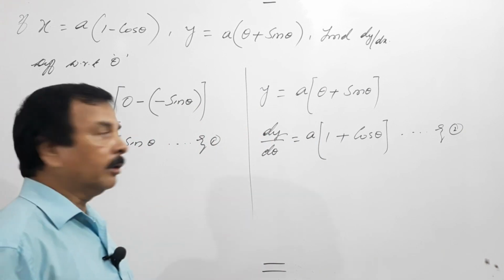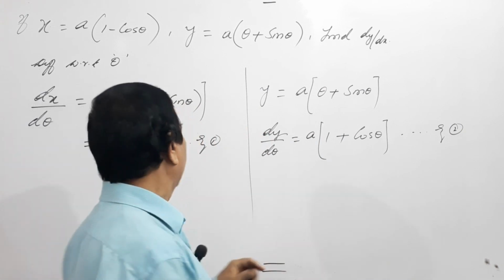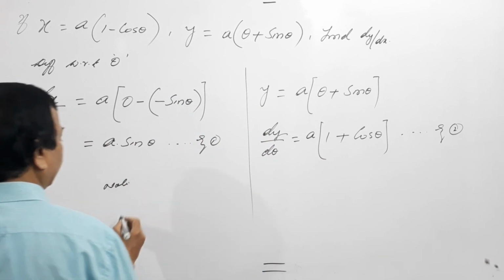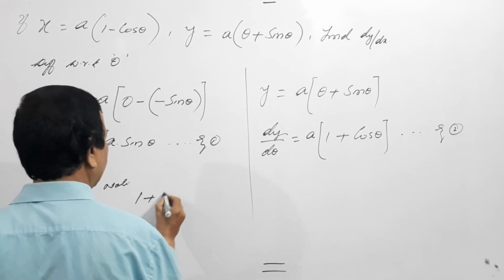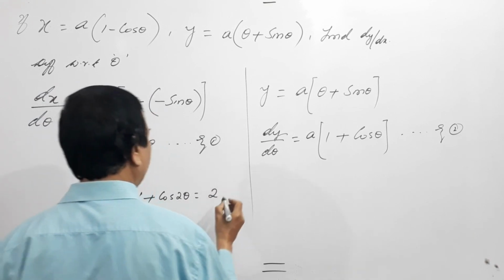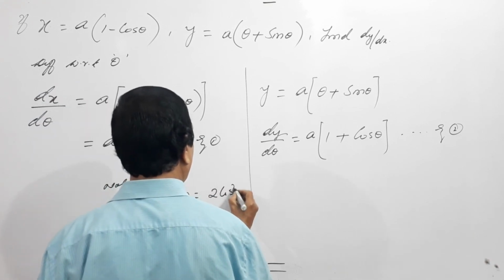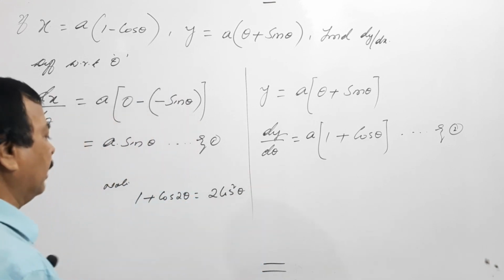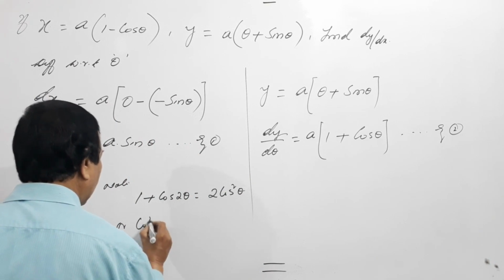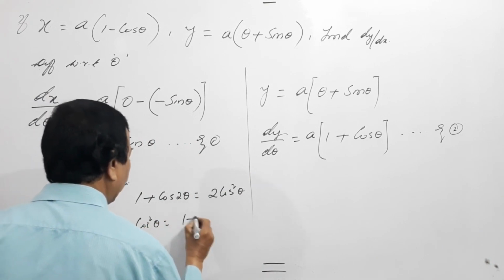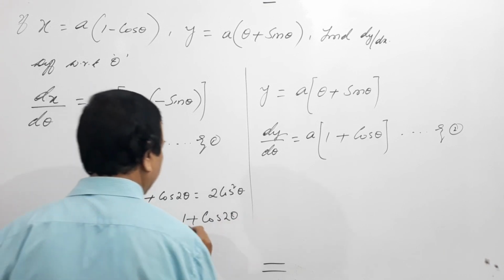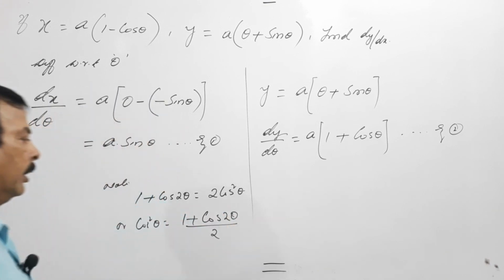Now here, you should know one thing. Note: 1 plus cos 2 theta equals 2 cos square theta. This is a formula. Or cos square theta equals 1 plus cos 2 theta by 2. Done.